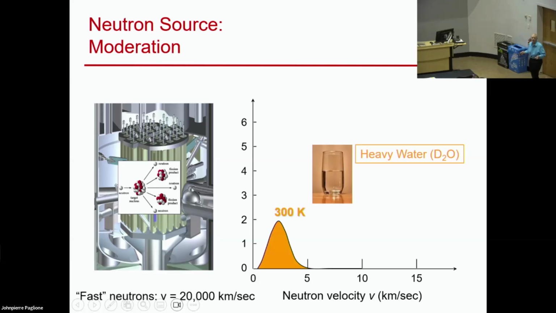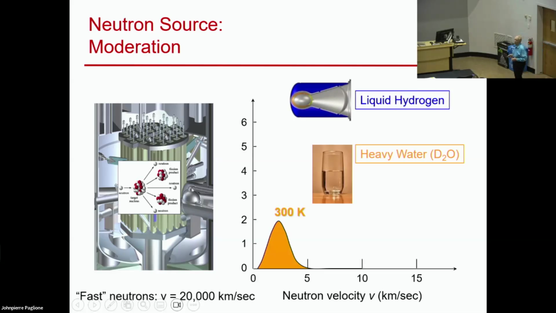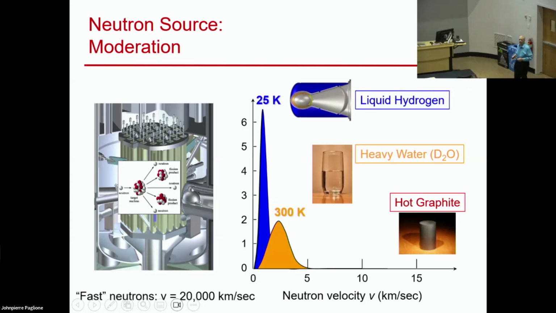Our reactor basically runs at room temperature. If you want colder neutrons, we have 2 different liquid hydrogen sources that shift it down to low energies, and I'll show you why we want to do that. You can also put hot graphite in.